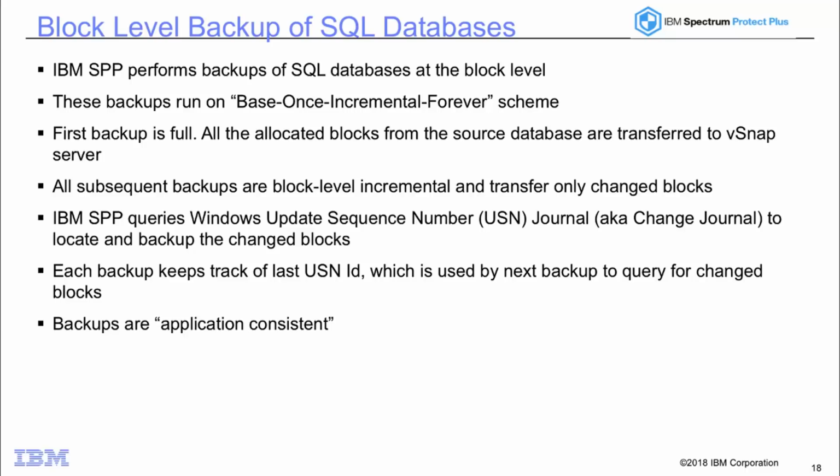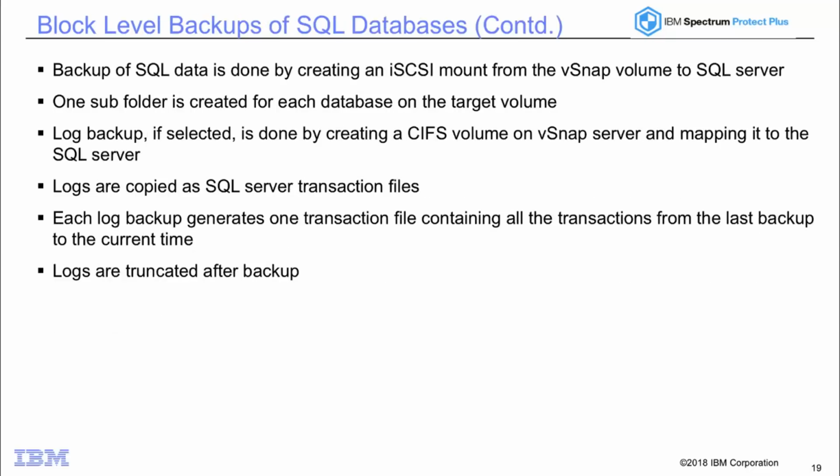It's almost the same technology, or probably is the same technology, to be honest with you, that's used with AAG log shipping. Each backup is going to keep track of the last USN ID, which is used by the next backup to query for changed blocks. And of course, the backups are going to be SQL Server application consistent.